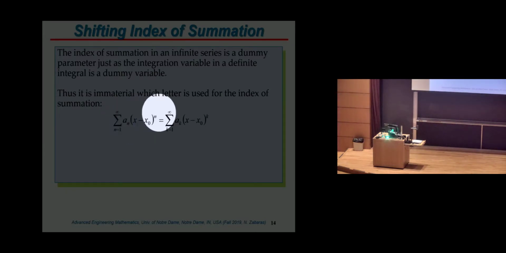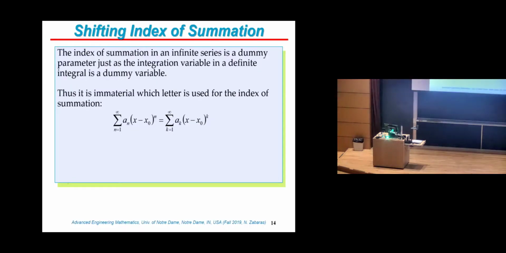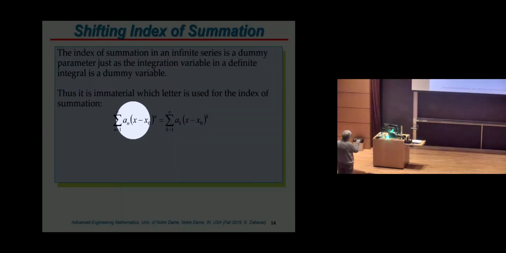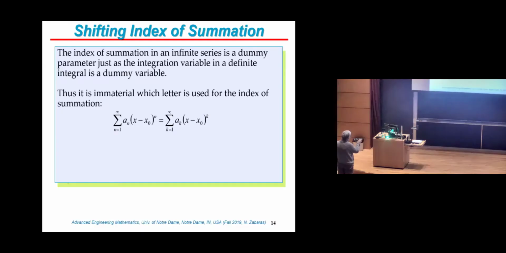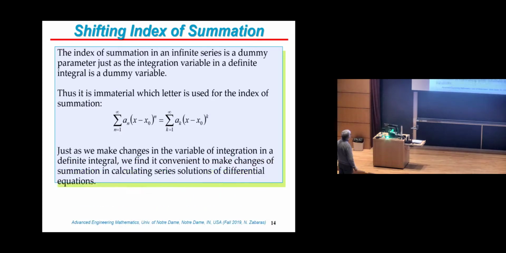You can give it any name you want. So you can call it n, you can call it k, you can call it z. It's the same thing. And obviously, the typical mistake when you manipulate these power series will be manipulating the indices. And it may not be as trivial as you may think. But in this case, you can change the names of these indices. Nothing changes, OK? So changing the index of the summation does not affect anything.